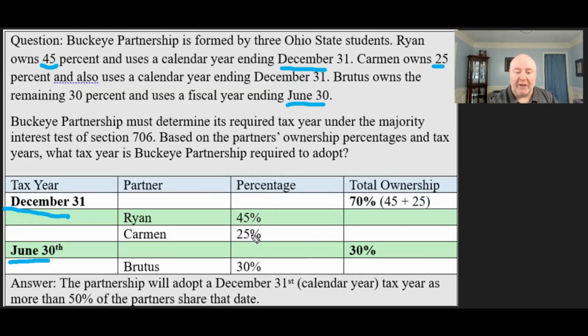So 45 and 25, if we add these together, we're at 70%. I can tell you right now, that's over 50%, right? So we have to have December 31st, a calendar year tax year. Now, when we look over here at June 30th, that was Brutus, and Brutus has 30%. Fine, we still have a majority tax year, so we're going to go with December 31st. That is going to be our answer for this problem.